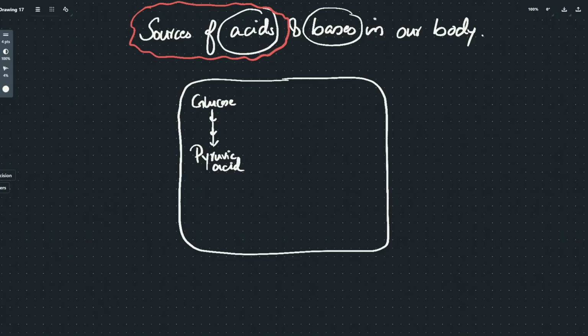Now what I mean by buffer, we will see in the upcoming lectures. I think the next lecture is on buffers, yeah. But for now understand that whenever an acid releases an H positive ion, it will directly decrease the pH.